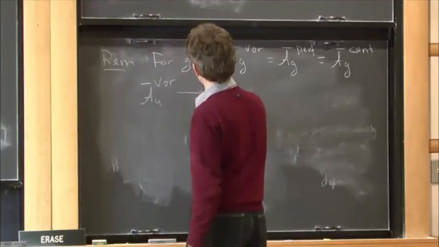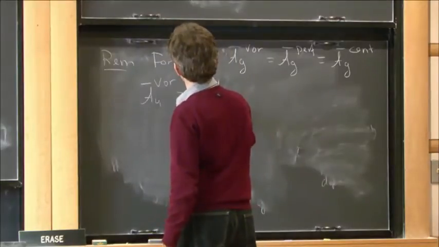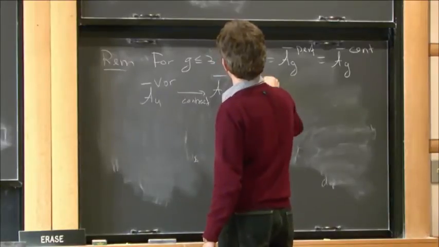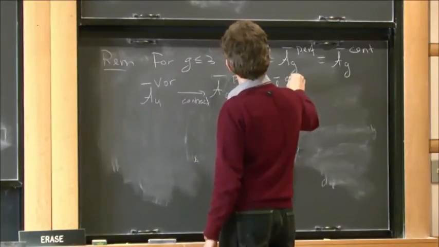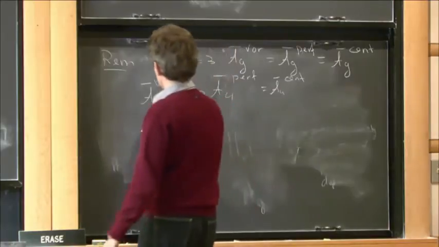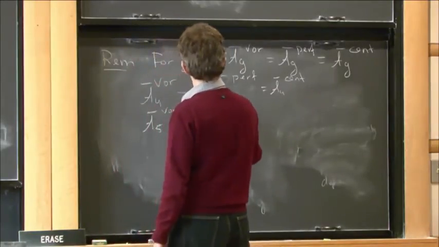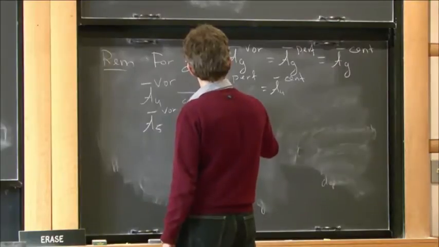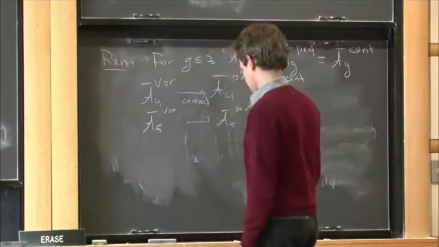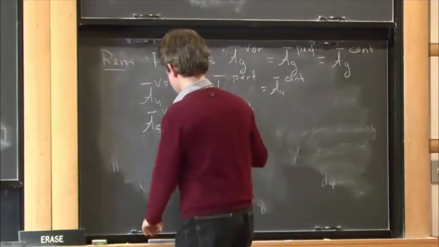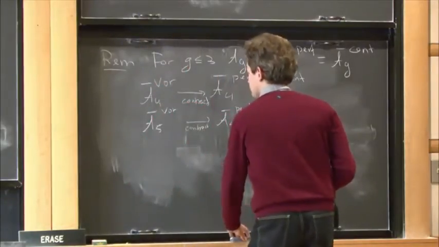It admits a contraction morphism to A4 perfect cone, which is equal to A4 central cone. And A5 Voronoi admits a map to A5 perfect cone. I actually don't remember about the central cone. This again contracts something.